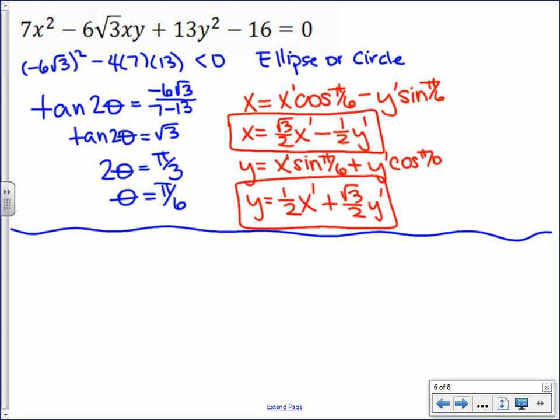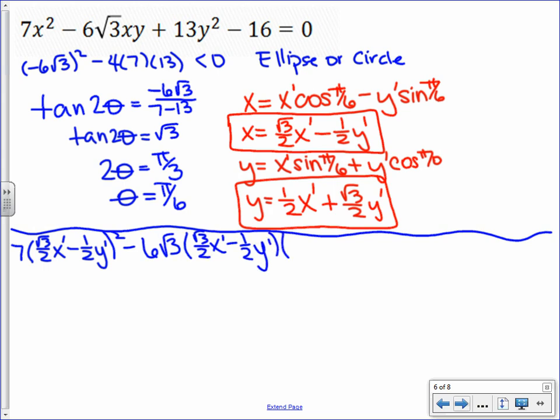So 7x squared becomes 7 times radical 3 over 2 x prime minus 1/2 y prime, squared. Minus 6 radical 3 times xy. So x is this binomial, y is this binomial.